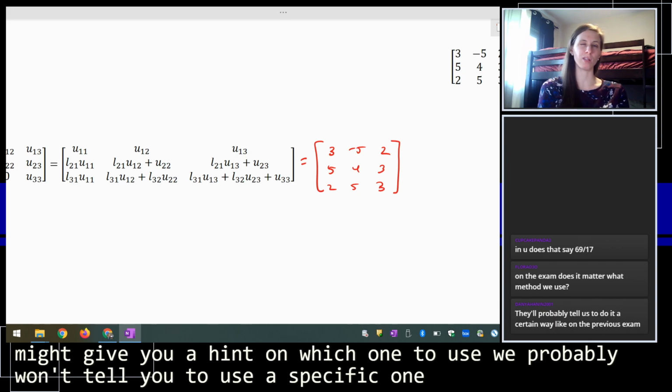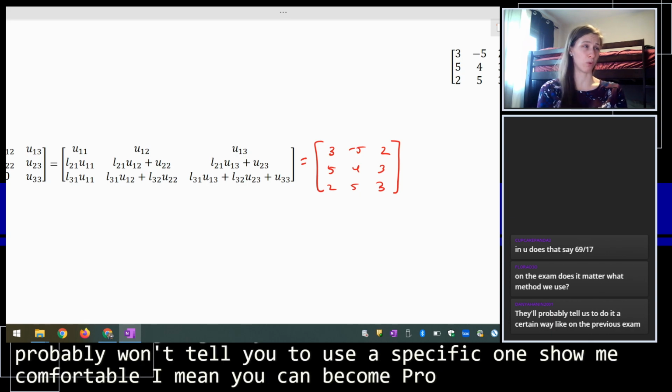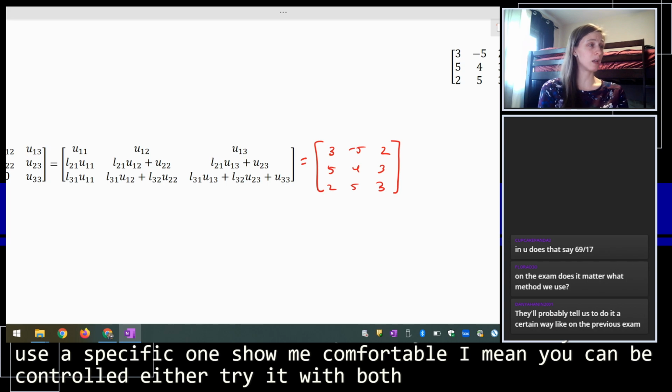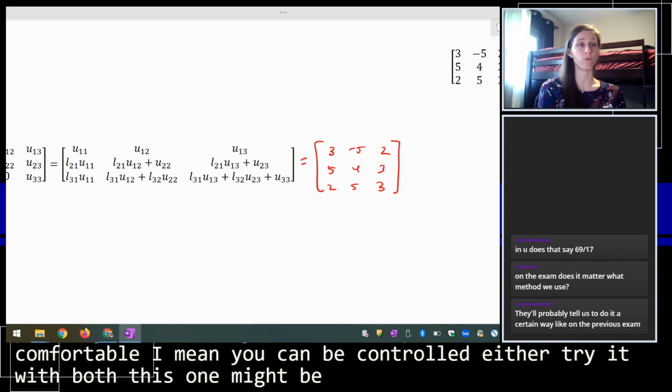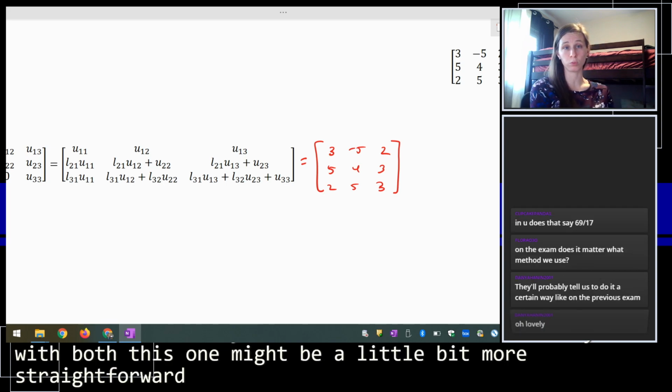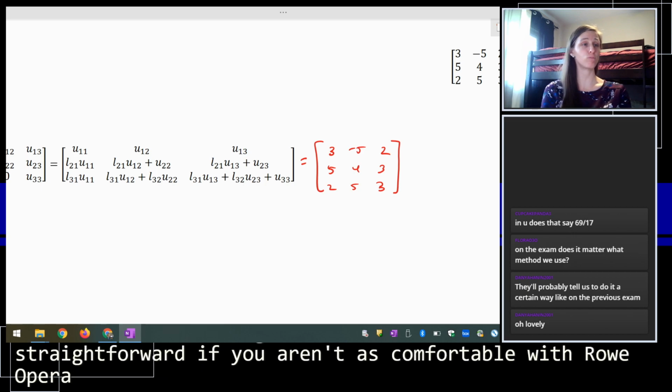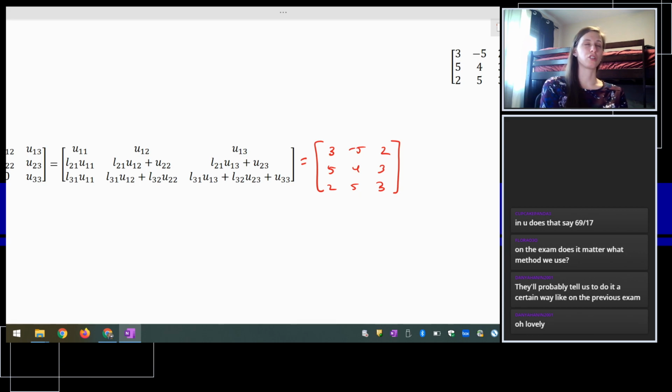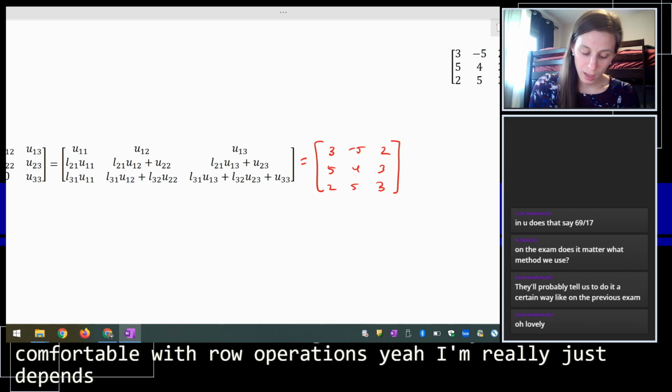So be comfortable with either. Try it with both. This one might be a little bit more straightforward if you aren't as comfortable with row operations. It really just depends. Good question.